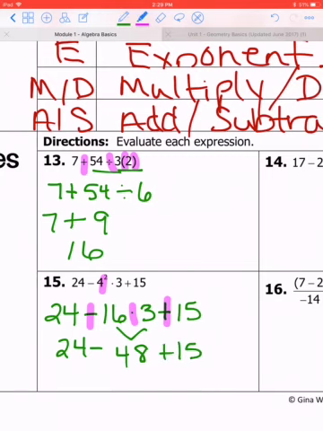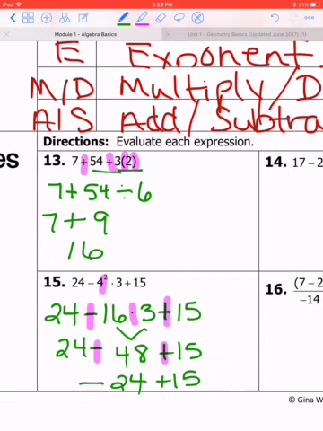Now I have the subtraction and the addition. Those, remember, they don't matter. They're kind of equal, so you're just going to solve it left to right. So we have 24 minus 48. So that's going to give me, since it's a small number minus a large number, a negative. And then that's going to give me a negative 24, okay, because 48 minus 24, plus 15.